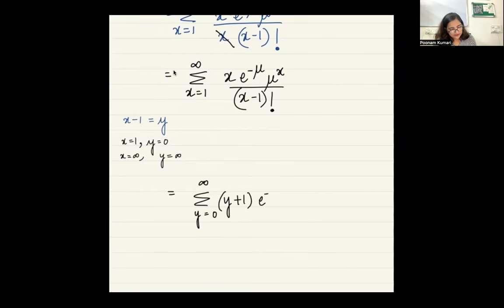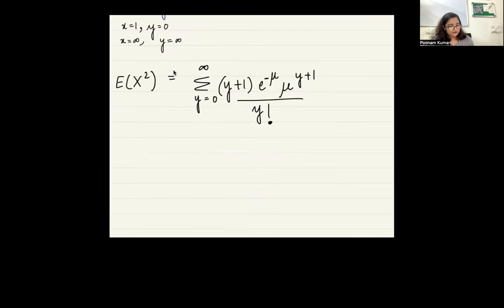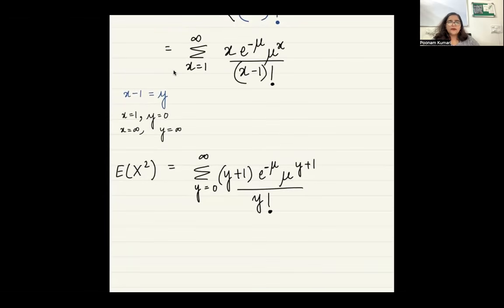And I have e power minus mu here, and mu raised to the power y plus 1 here. And instead of x minus 1 factorial, I can put y factorial, right? This is my expected value of x square that I'm trying to figure out, right? So far, so good?